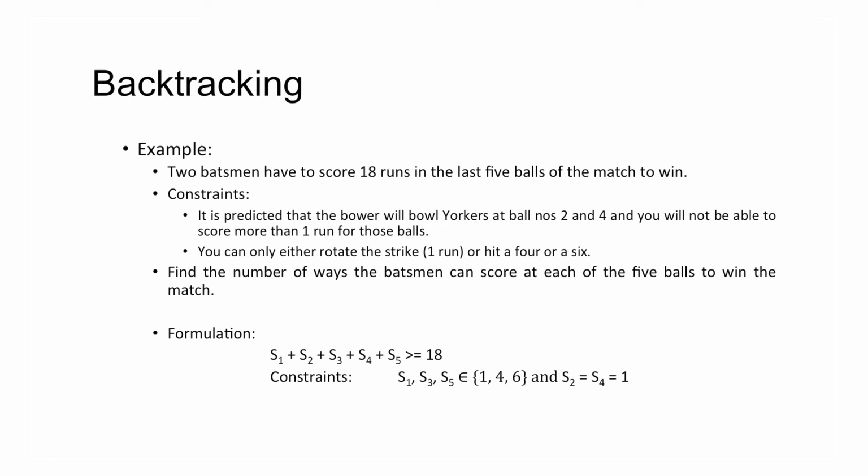That is the required number of runs to win the match. And this is subject to the constraint that the scores at ball number 1, ball number 3 and ball number 5 can take values only from 1, 4 and 6. Also the scores at ball number 2 and ball number 4 can only be 1 because they will be Yorkers.